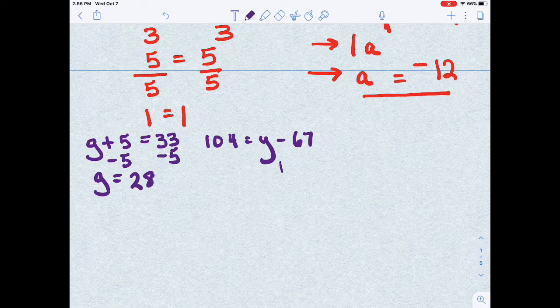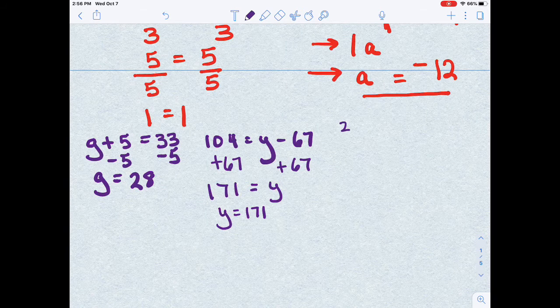I'm going to use the addition property of equality to cancel this out. And this is the same as saying y equals 171. If they are the same, balanced on each side, we can flip them around to our advantage.